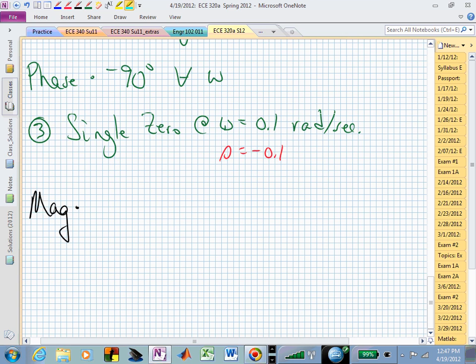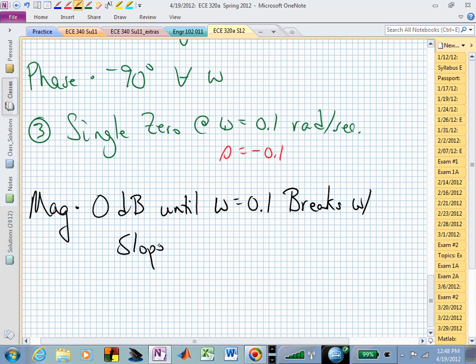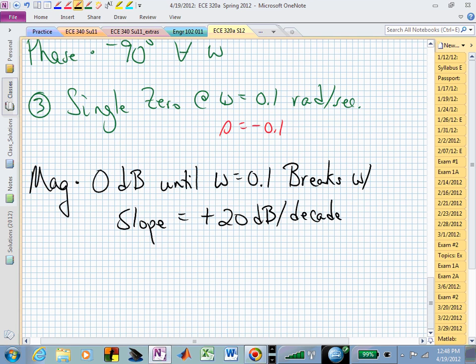The way I verbally communicate this is I say I have this piece, which is 0 dB, this line, until omega equal the break. At that point, this line breaks with the slope equal to plus 20 dB per decade.